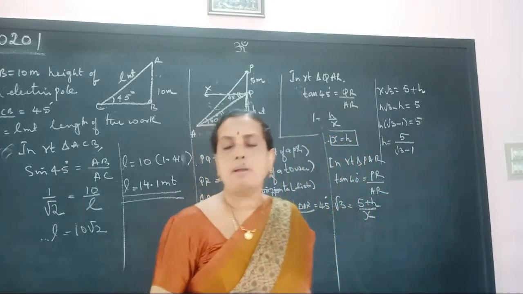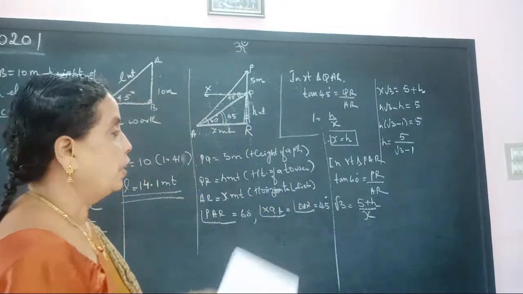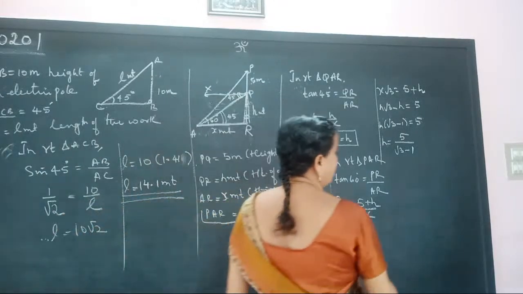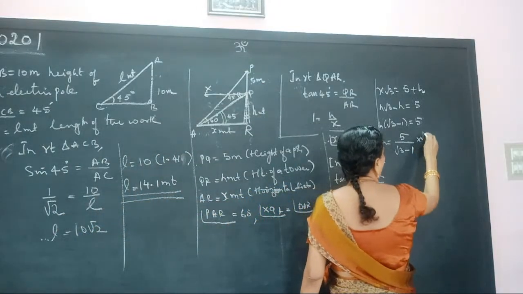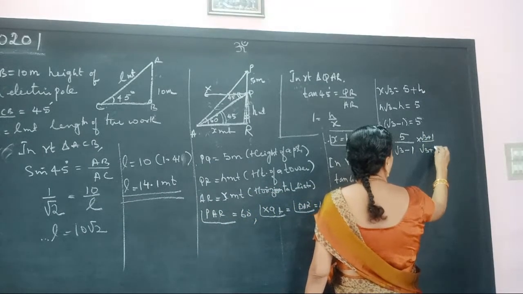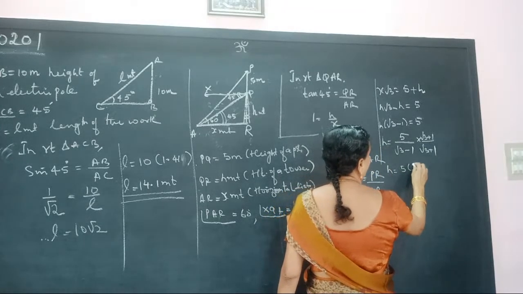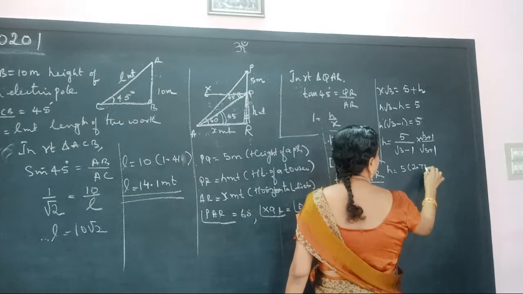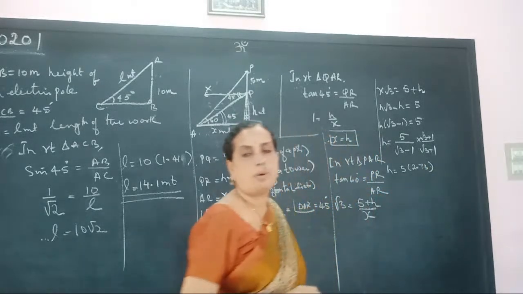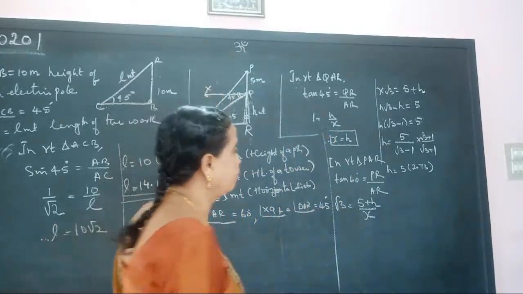You cannot keep it like 5 upon root 3 minus 1. Further, we have to rationalize it, that is multiplying it by its conjugate pair root 3 plus 1 by root 3 plus 1. What you will get? h equals 5 into 2.73. Is it clear? 1.73 is root 3 value plus 1 is 2.73.